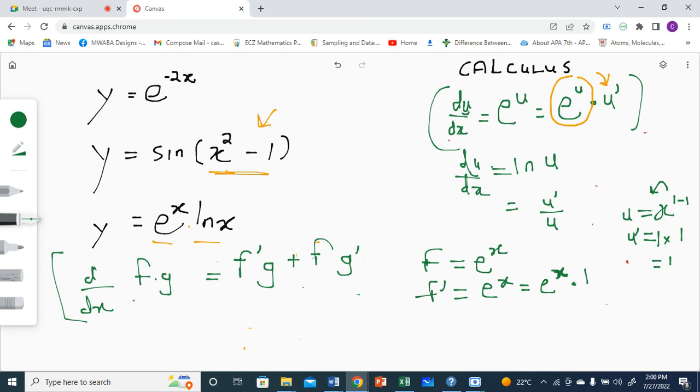You've got two different expressions, f and g. So it's up to you to choose what's going to be your f and what's going to be your g. Right here we have two different expressions: the natural log and an exponential function.